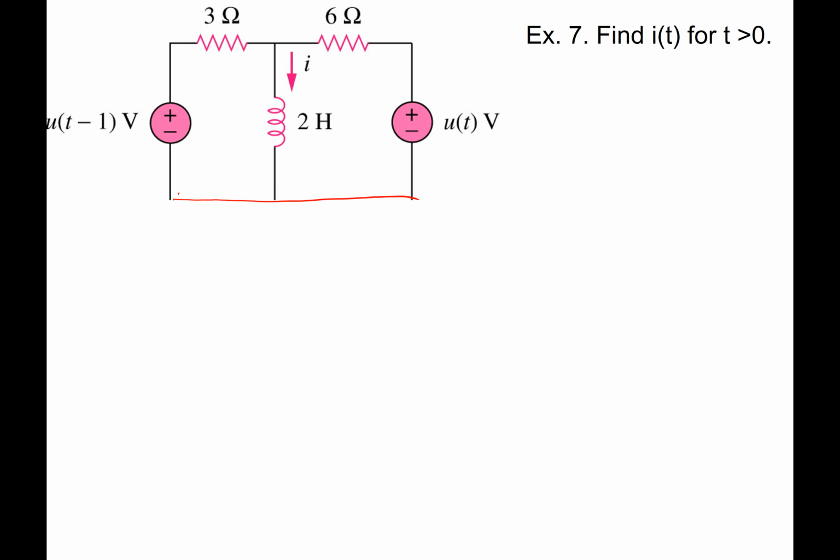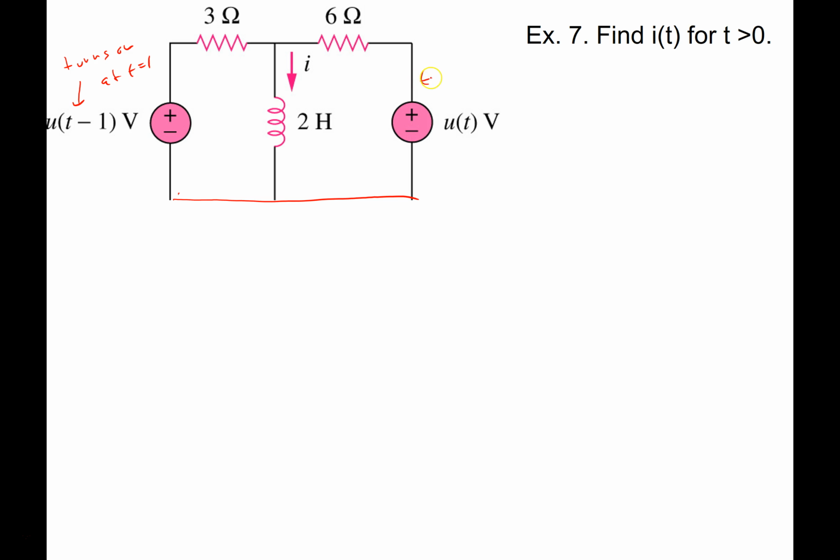So we have to squeeze this all into one slide, although I guess we could always make a new one. So the thing is, this one turns on at 1 second.